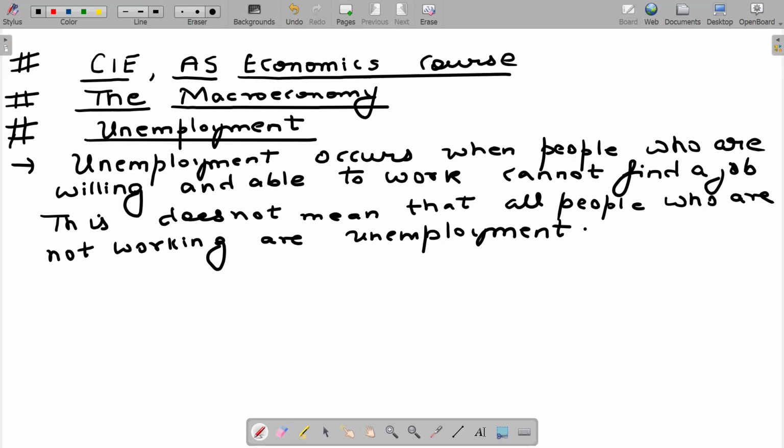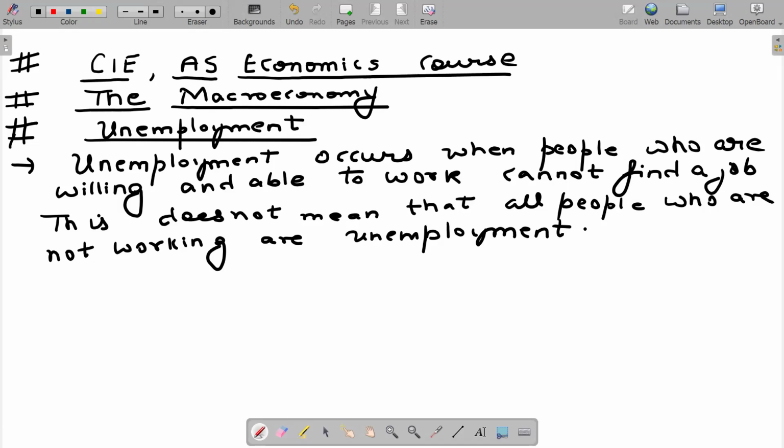A student might prefer to do a master's or a PhD. We can't say that that person is unemployed. Someone might choose to retire early in age. We can't say that that person is unemployed. Remember, unemployed are those people who want to work, they are able to work, but they couldn't get work.